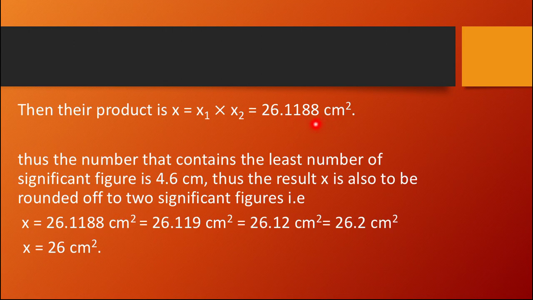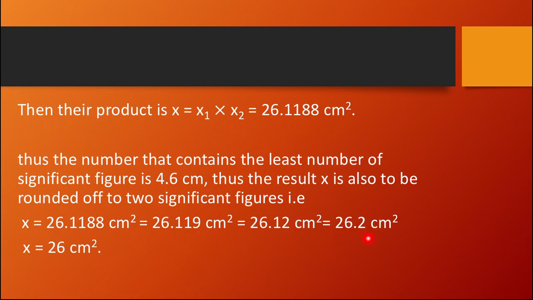26.1188 centimeter square. Here the number of significant figures is 1, 2, 3, 4, 5, 6. So we will round off our result to 2 significant figures. So I have done that over here. 26.1188 centimeter square will be 26.119 centimeter square, equals 26.12 centimeter square, which equals 26.2 centimeter square.